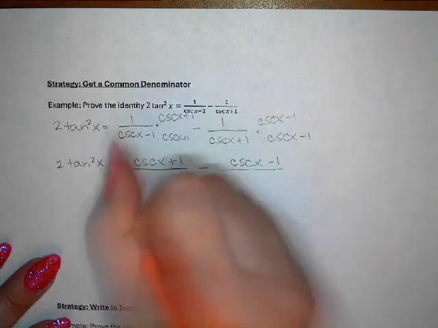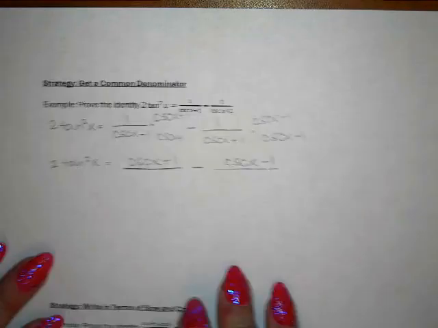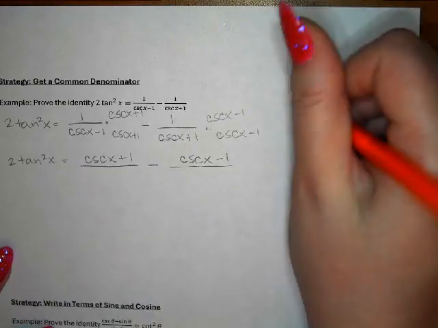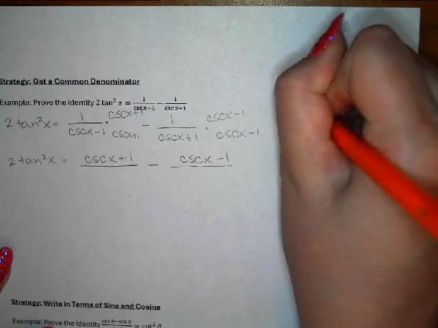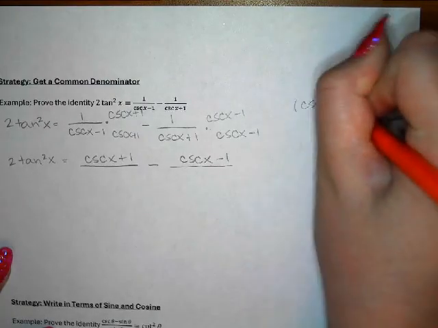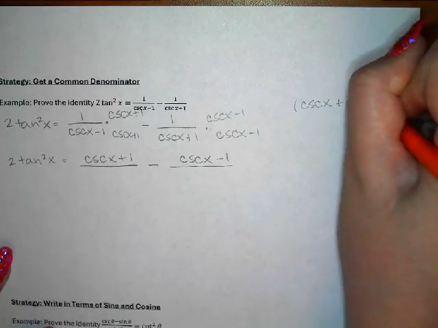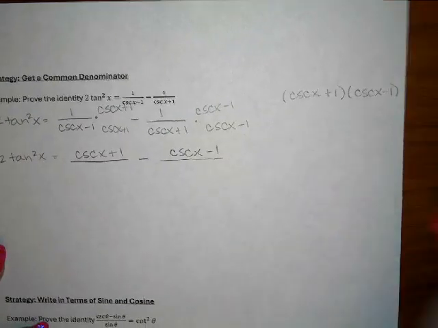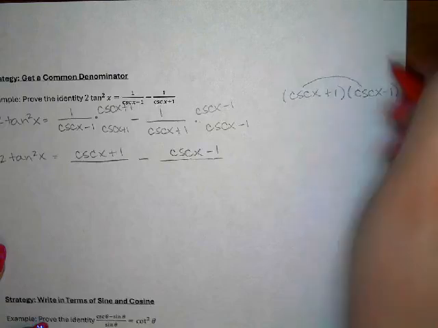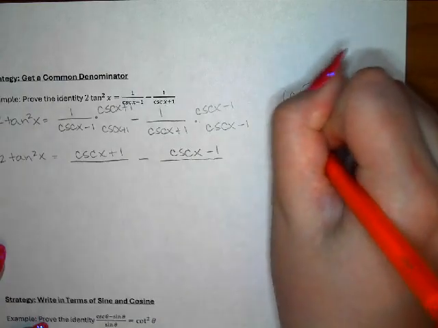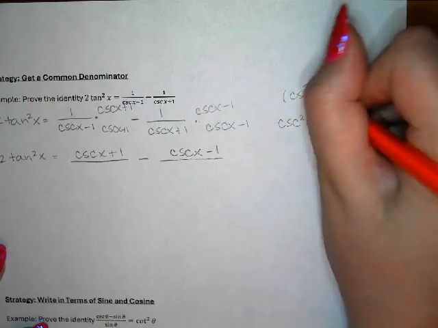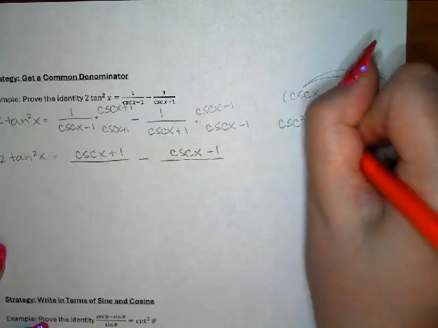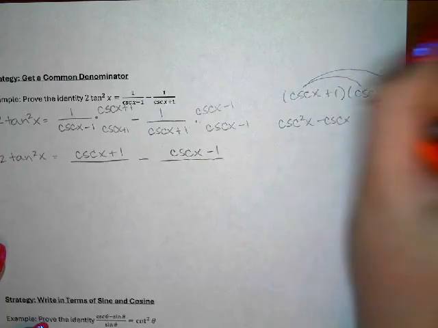And I'm going to do the work off to the side for finding cosecant x plus 1 foiled with cosecant x minus 1. So I have to multiply those together. Cosecant times cosecant is cosecant squared. Cosecant times negative 1 is negative cosecant. 1 times cosecant is positive cosecant.